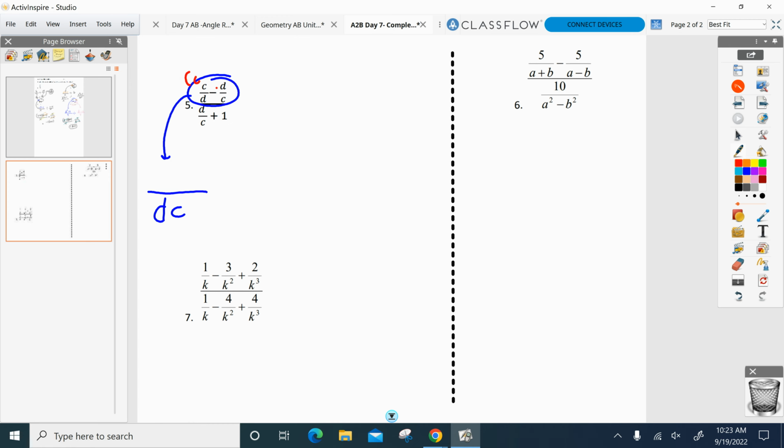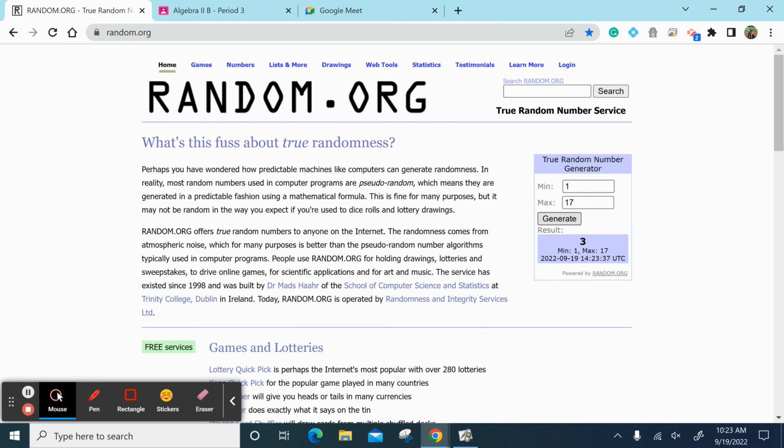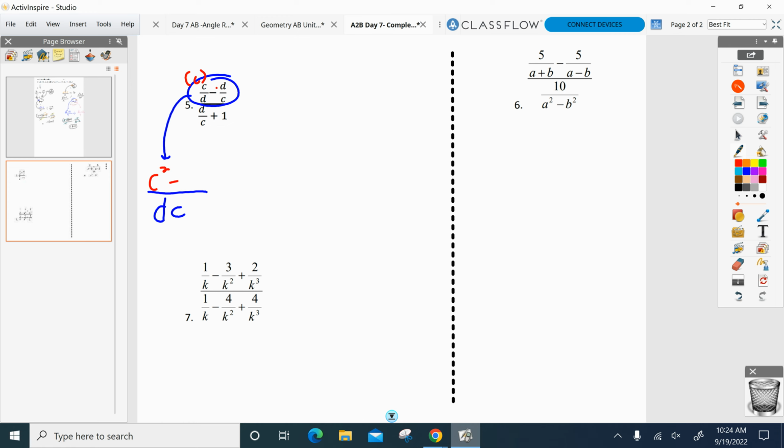Okay, that's all I needed there. Good job. So I get c squared, minus, next fraction gets multiplied by... Tim, what's this d get multiplied by? C, you sure? Take a look. I got a c in the denominator already and a c in my common denominator. What am I missing? A d. There you go.